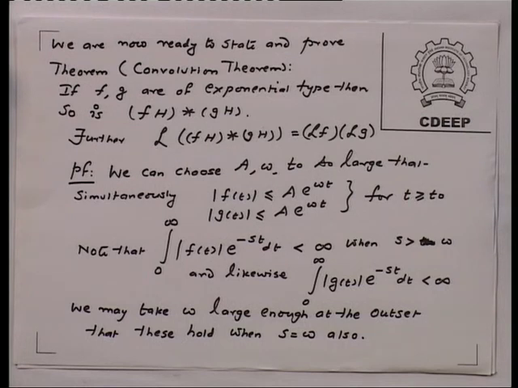Further, the Laplace transform of fh star gh is Laplace of f times Laplace of g. The Laplace transform converts the convolution into a product.